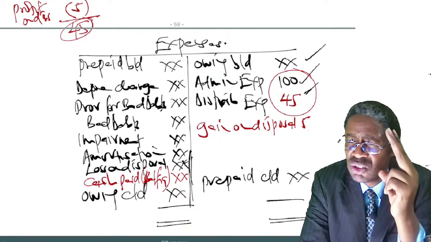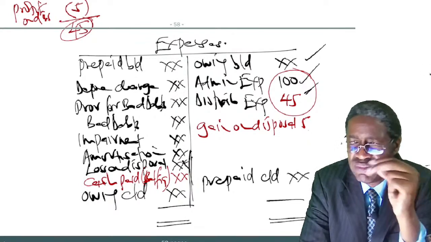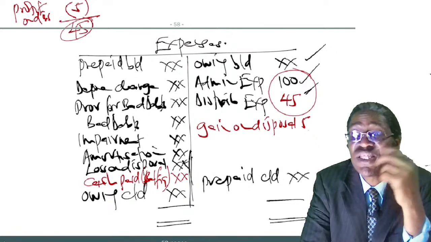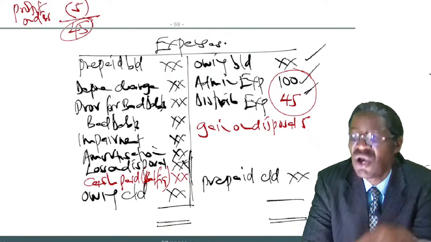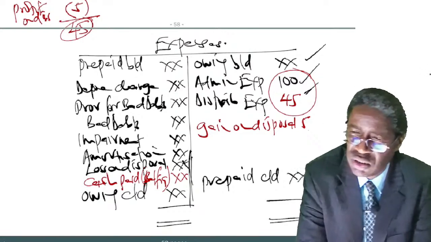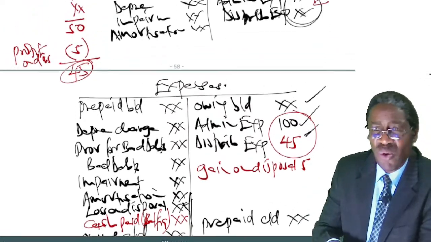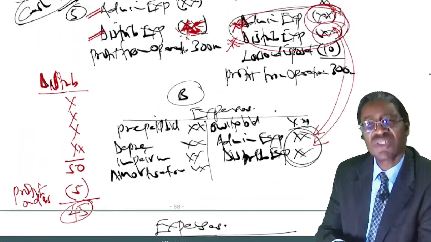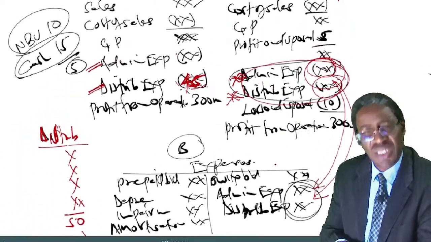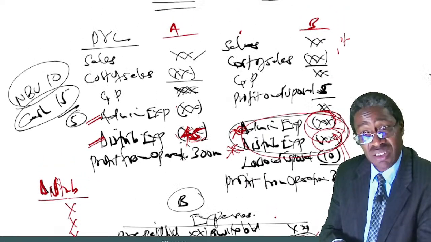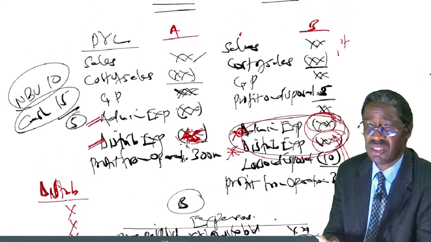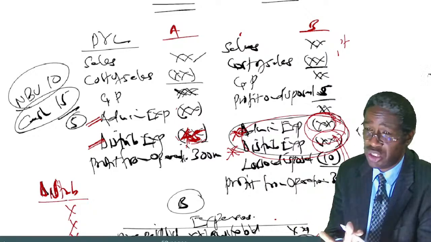I've told you, when do we use them? In the expense account, we use them when they are not shown separately in the income statement. Like accountant number A did not show us the gain or loss on disposal.